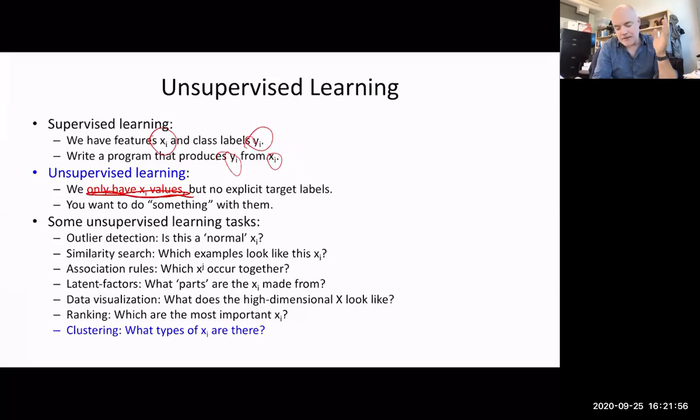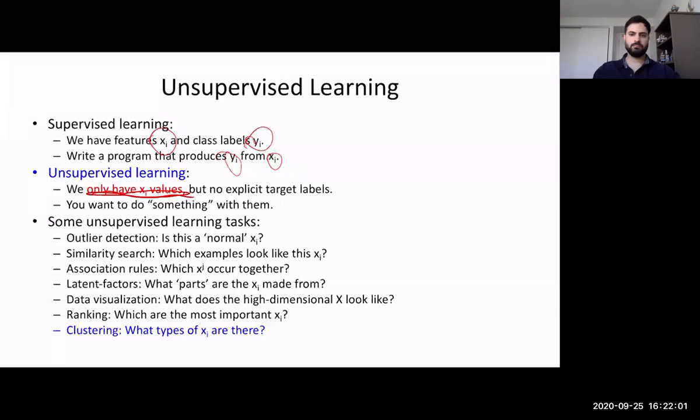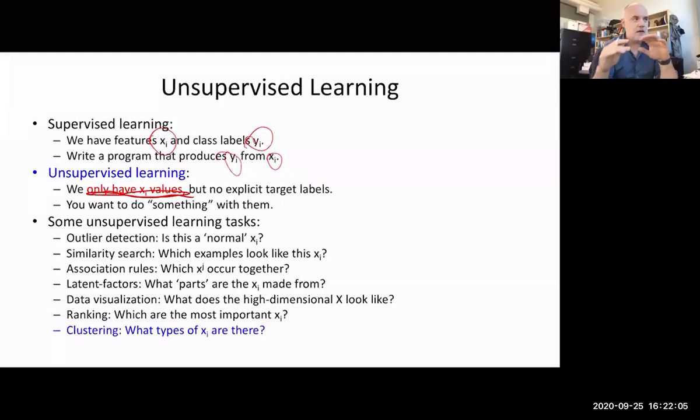And I'll just put this out there for those of you who, like me, are less inspired by machine learning and more inspired by artificial intelligence. Those of us who work on artificial intelligence largely focus on unsupervised learning because that's actually how we learn. We don't get a supervisorial signal.